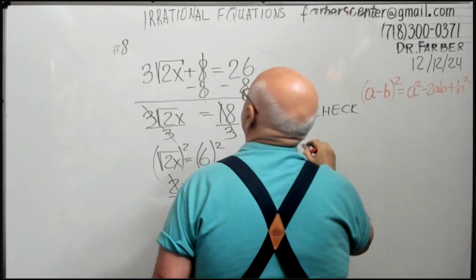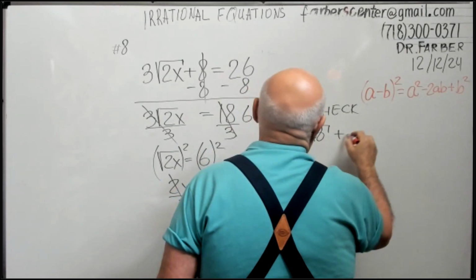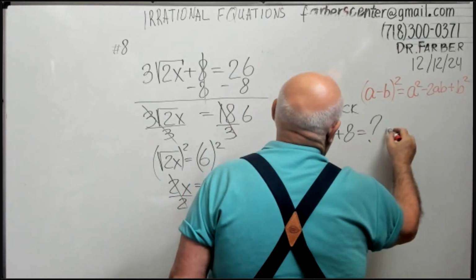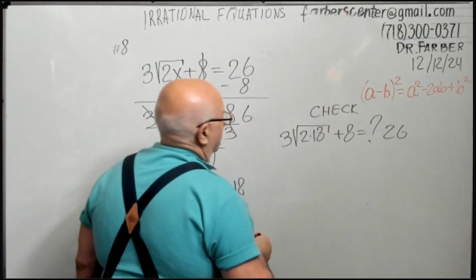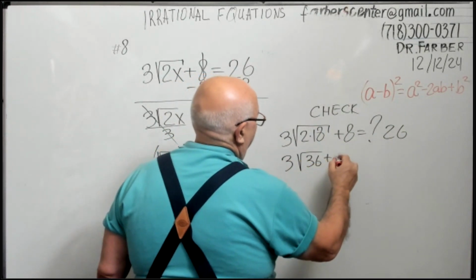3 times square root of 2 times 18 plus 8. Is it equal to 26? 3 times square root of 36 plus 8.